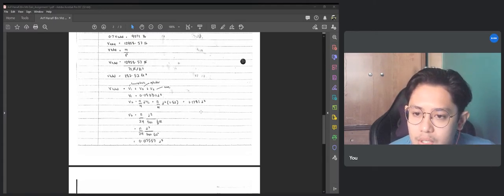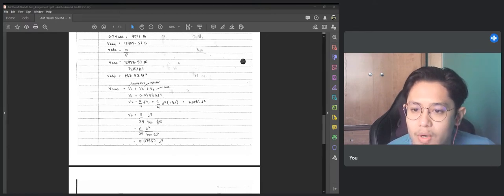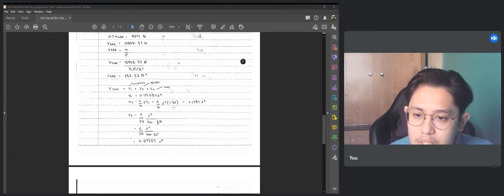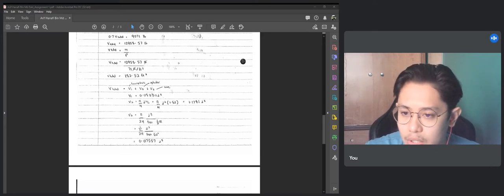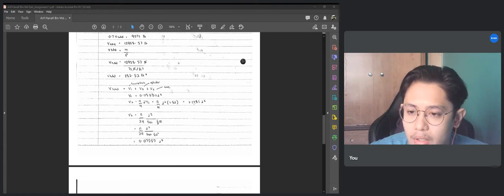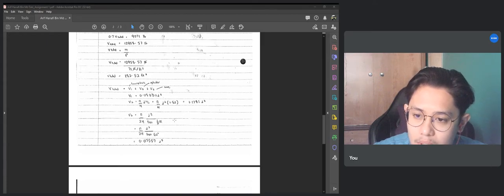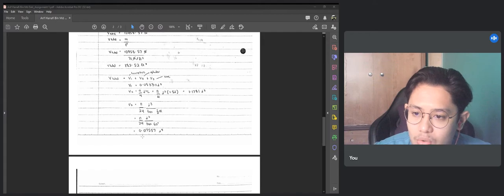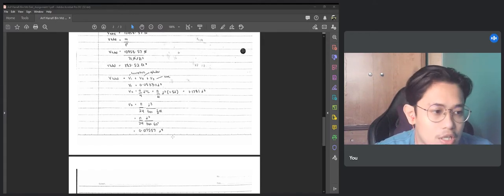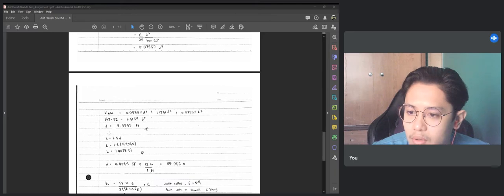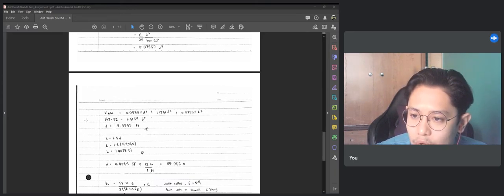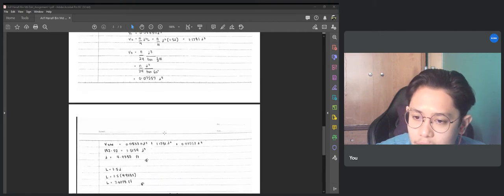V2 is 1.1781 d cube. For V3, I substitute the angle, which is 120, half of 120, I get 60 degree. Then I multiply all of this, I will get V3 equal to 0.07557 d cube.